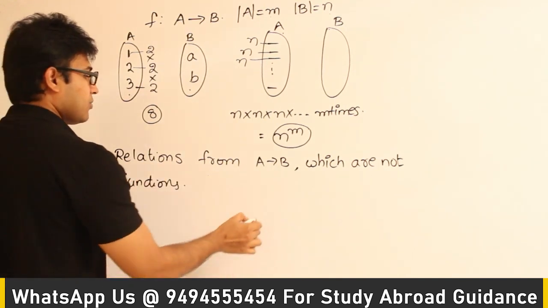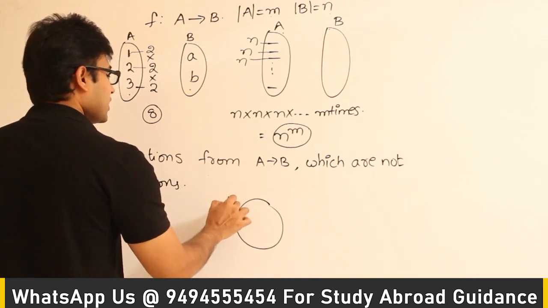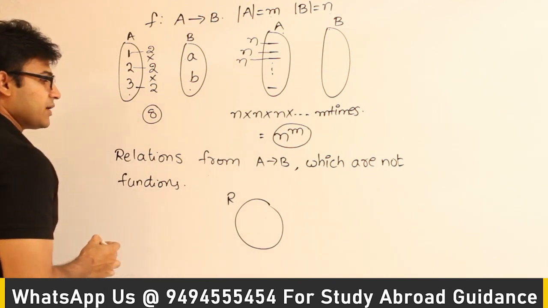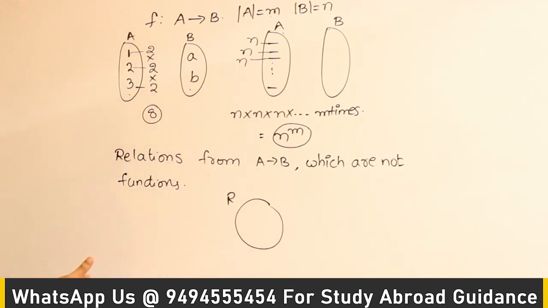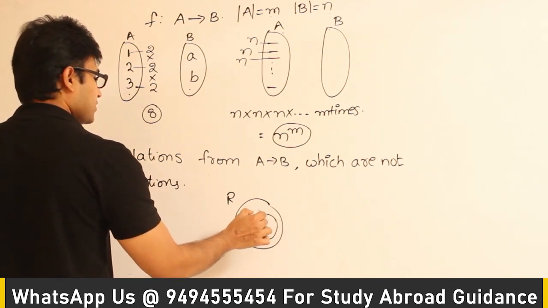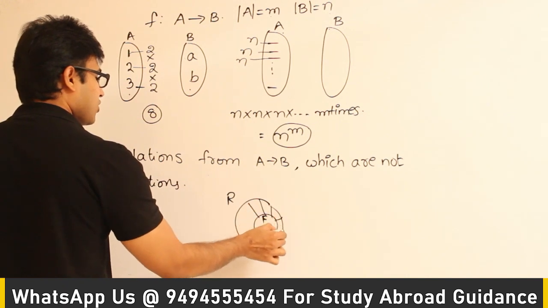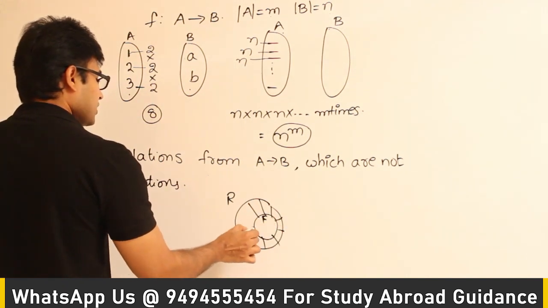Exactly what I am looking at is, let us say this is the set of all relations, then where will functions be? Functions are nothing but relations themselves, isn't it? Functions will be here. This is the set of all functions, right? Now I want to find out the relations which are not functions, which means all this part.